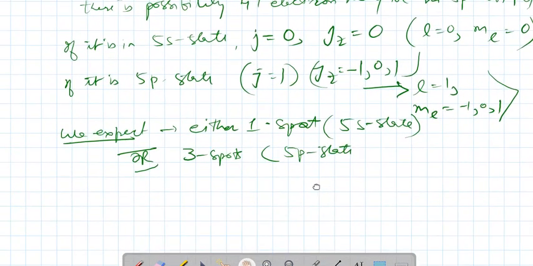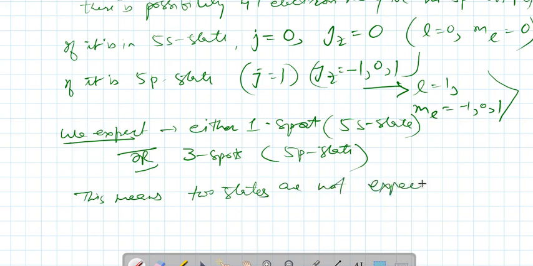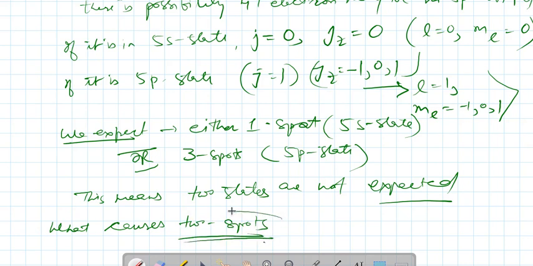That means 2 spots are not expected. So what causes these 2 spots, and how did people solve this puzzle?